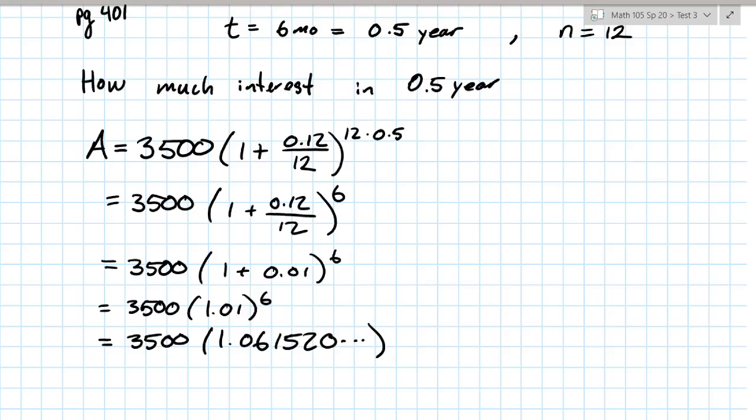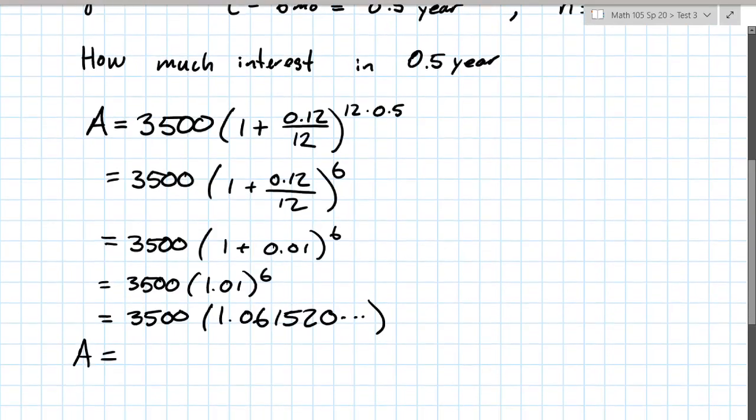Our next step is to multiply by 3,500, and the amount of money that our account owes is 3,715.3205. Since we're dealing with pennies, we look to the next decimal place and ask, is that 0 to 4 or is it 5 through 9?